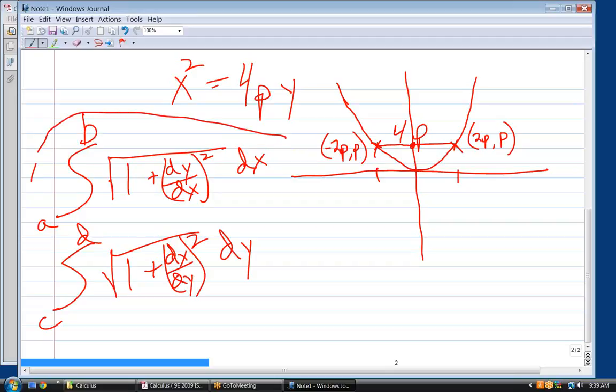These are the general formulas for arc length, for any arc length.